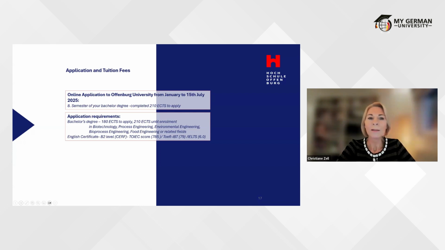It's important to mention that if your bachelor degree has less than 210 credits, that equals in general 7 semester study courses, you have to earn additional 30 credits. In those cases, we offer normally scientific projects or some other options.